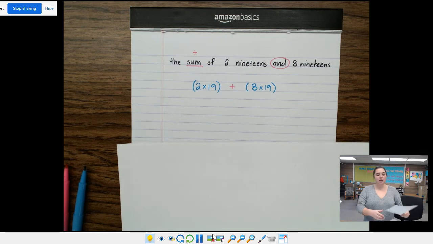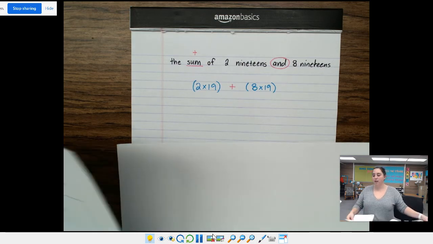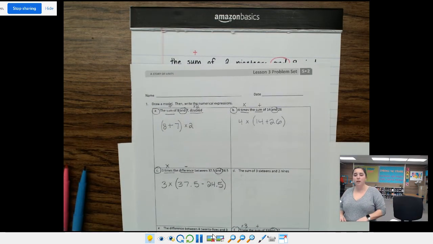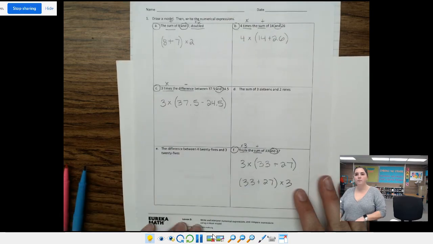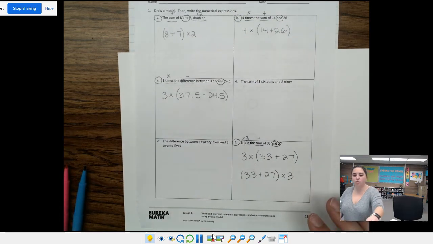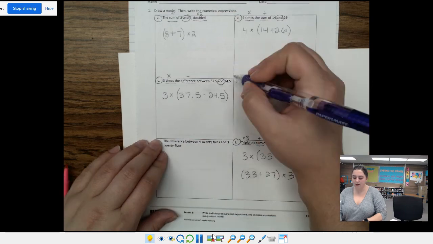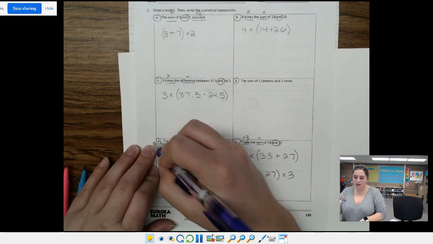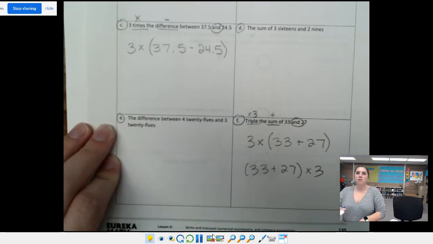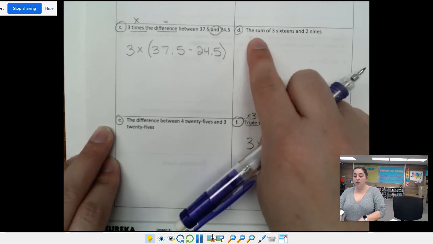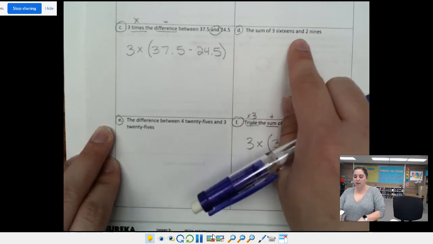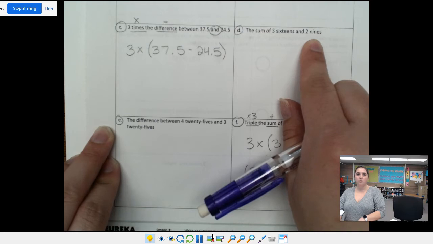So for your practice today, it's going to be in your lesson 3 problem set if you have that. If not, you could just do it on a blank piece of paper or on your whiteboard. I would like you to solve 1D and 1E. So 1D says the sum of 3/16 and 2/9. And E's a little bit different.